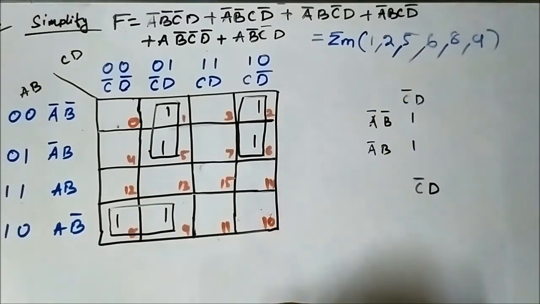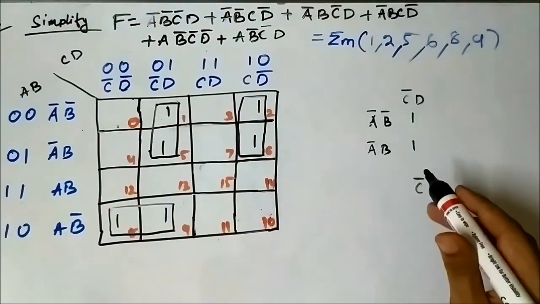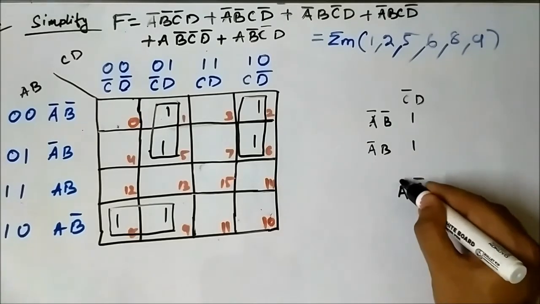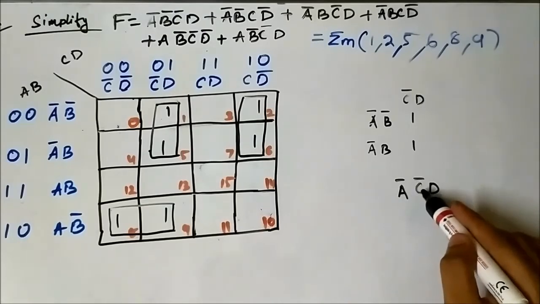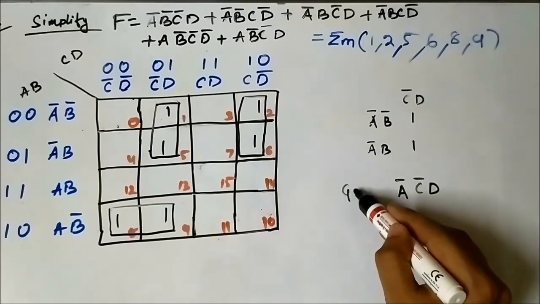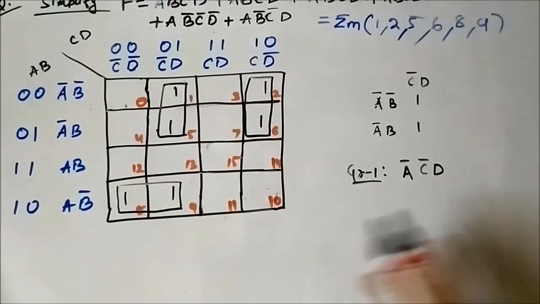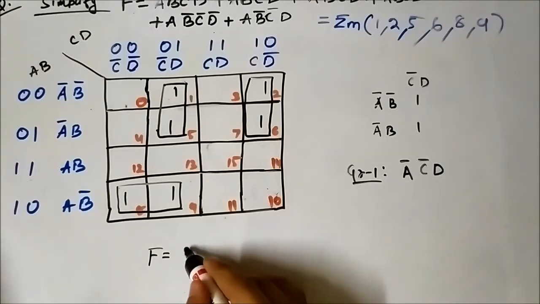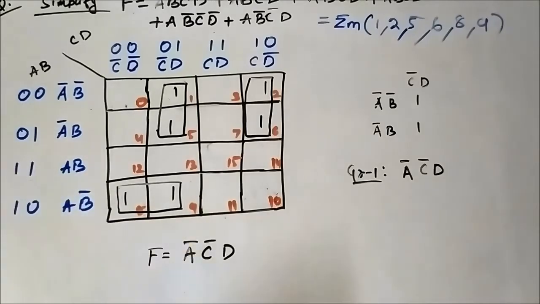So the common variables for group 1 are A complement, C complement, D. Let us write the simplified Boolean expression: A complement, C complement, D.